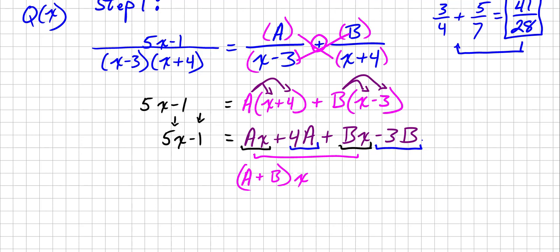Since A and B are defined as constants, I can just leave them simply as 4A - 3B.